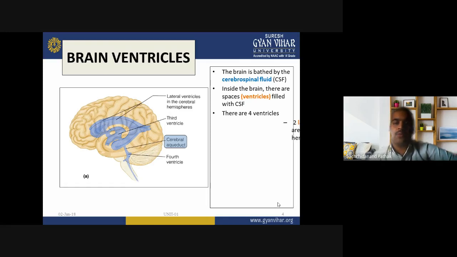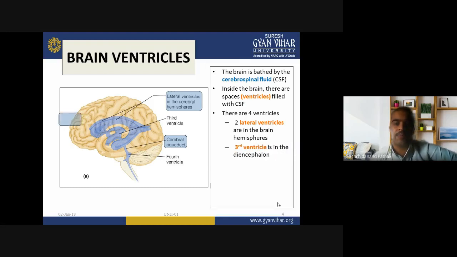Now there are four ventricles: two lateral ventricles that are in the cerebral hemispheres. So you can see the lateral ventricles in the cerebral hemisphere. Then the third ventricle is in the diencephalon area.